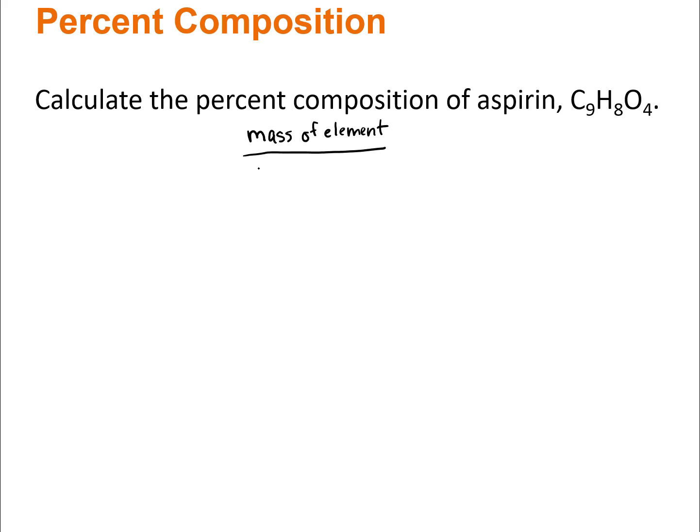Over the molar mass of the compound multiplied by 100%. I'll give you 5 minutes to calculate the percent composition of aspirin. How are we doing? Do we need more time?